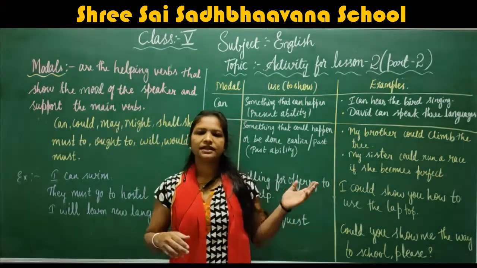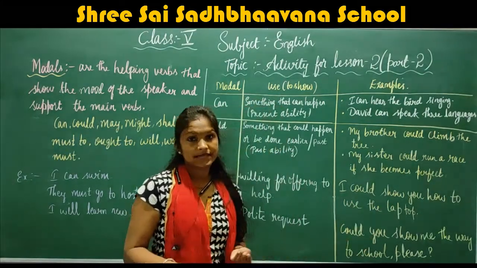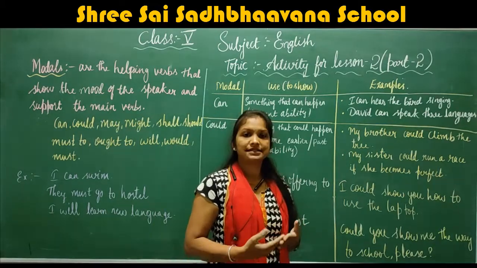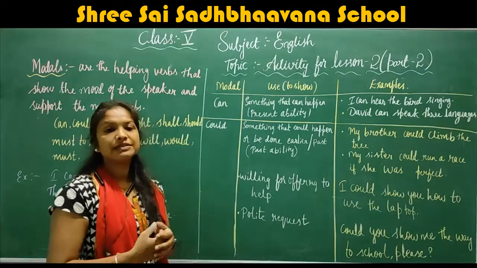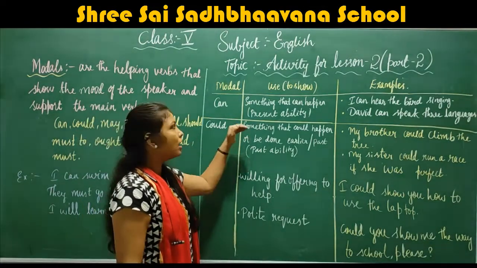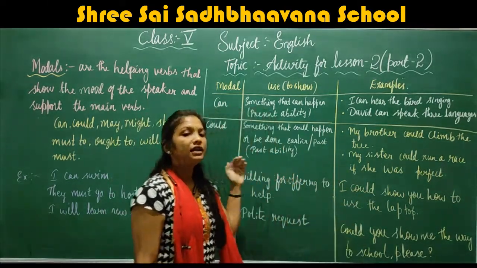In this section, we will learn a few examples of how we can use modal auxiliary verbs in sentences. In your textbook activity, they have given a few models and examples, so we will learn now.